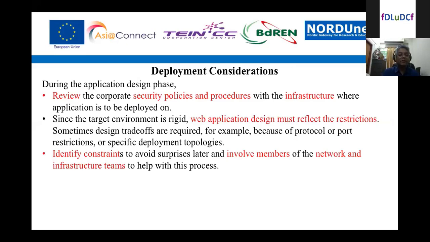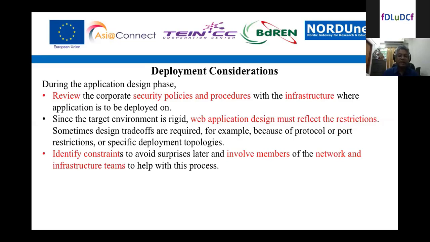And deployment consideration. During the application design phase, review the corporate security policies and procedures, because every organization has its own security policies and procedures. They have their own infrastructure, so you have to review where the application is to be deployed. You have to review these policies and procedures for your deployment.